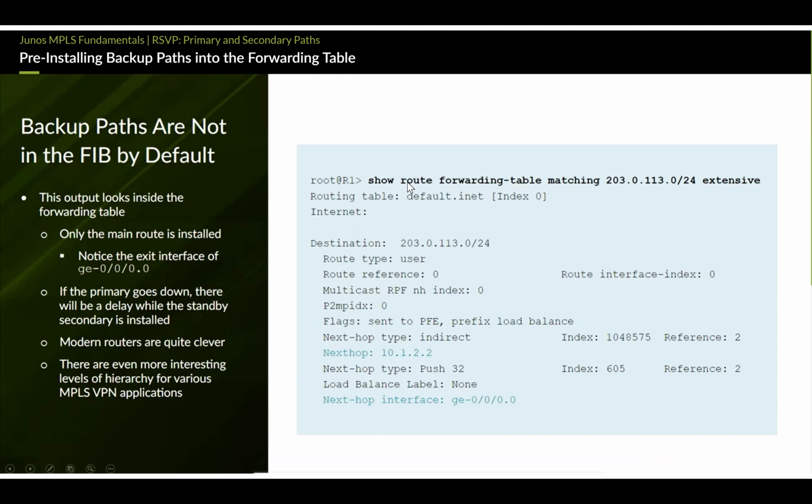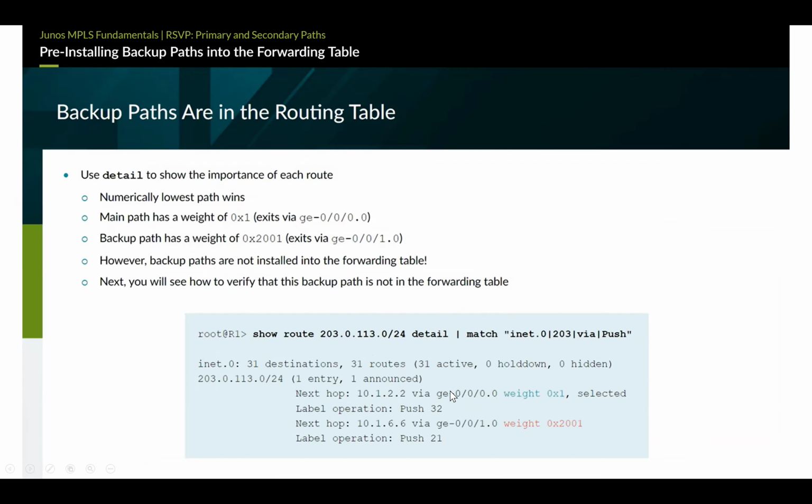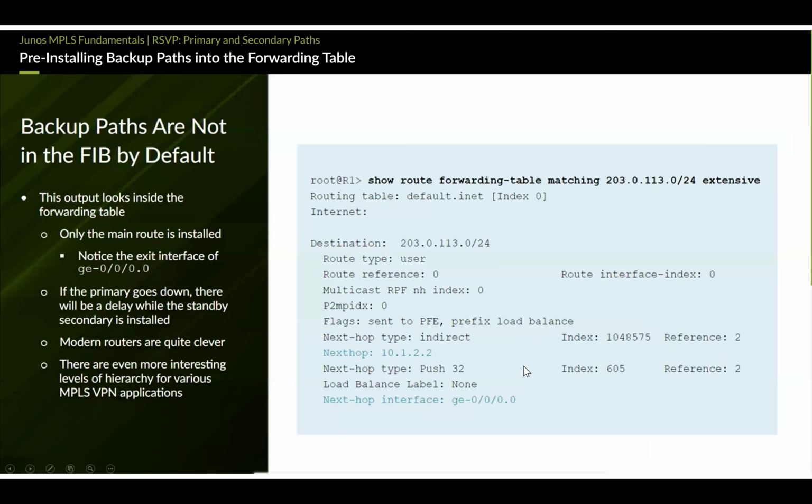Show route forwarding table matching this route extensive, and see here the next hop is 10.1.2.2. Another next hop is 10.1.6.6. So this will be the best or selected next hop.